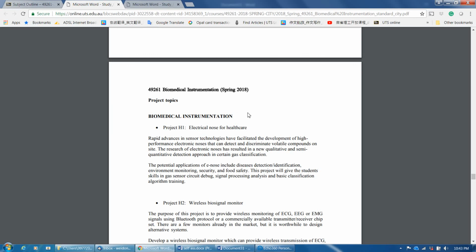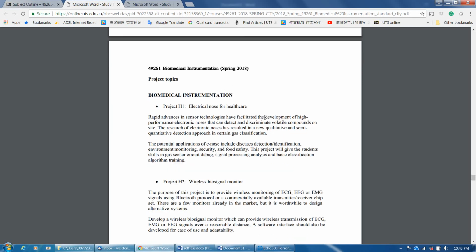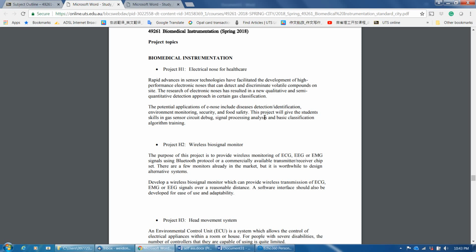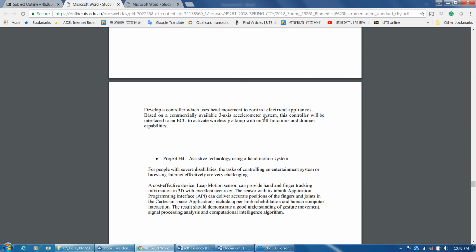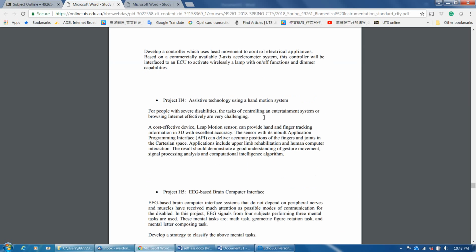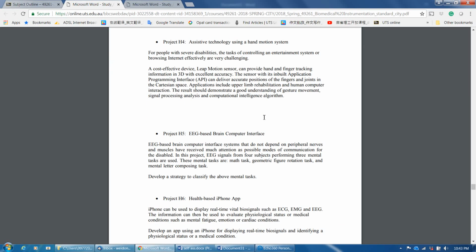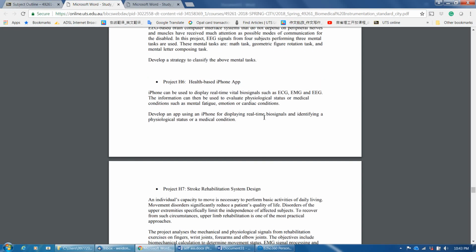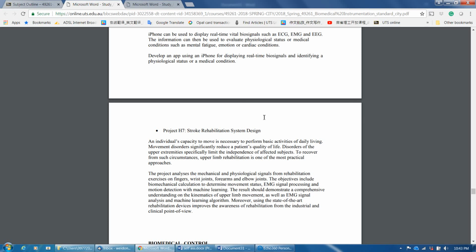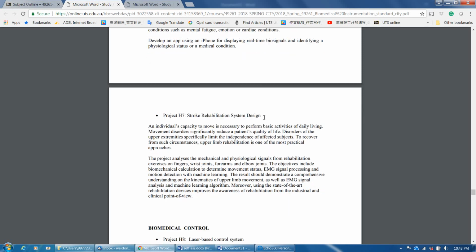The first project area is biomedical instrumentation-based projects. We have electronic nodes, wireless biosignal monitoring, a head movement system, and assistive technology using a hand motion system, and also an EEG-based brain computer interface, and also a health-based iPhone app, and also stroke rehabilitation system design.